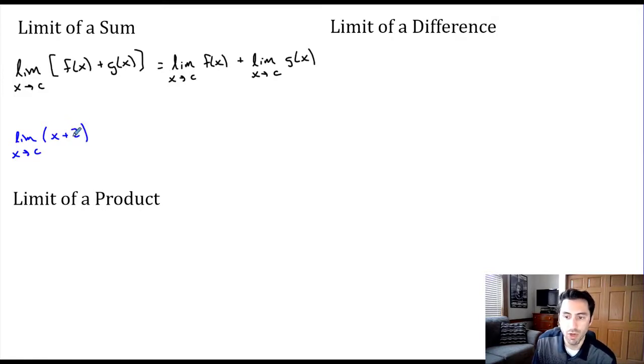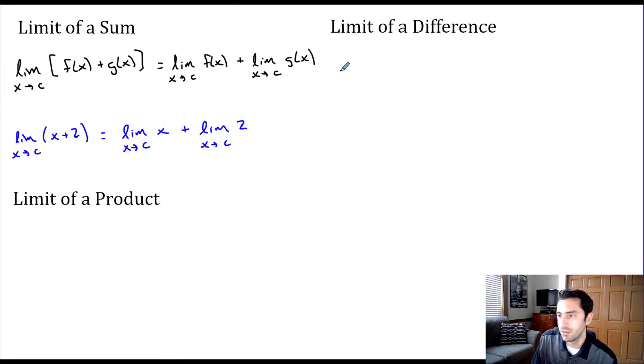It's got a slope of 1, goes through the y-intercept at 2. But we are able to split this up into the limit as x approaches c of x and the limit of just 2.